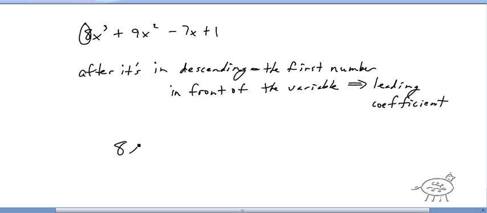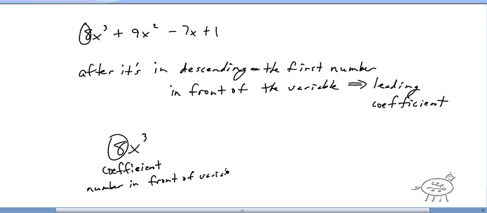If I said just 8x cubed, this is called the coefficient. Okay, 8 is called the coefficient. So the number in front of the variable, that's called the coefficient. So negative 18x to the 10th, negative 18 is your coefficient.